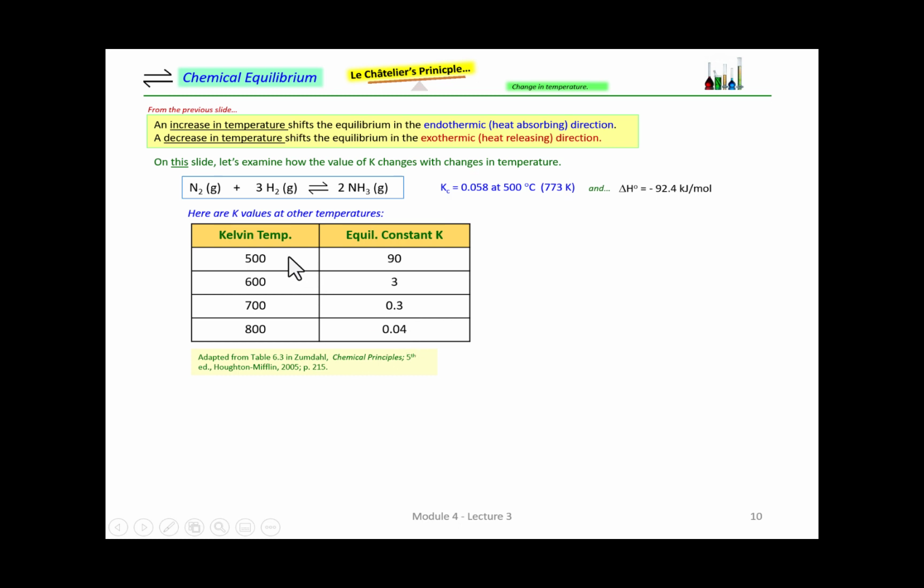We can see if this experimental data is consistent with the value of Kc we've been showing you. The value was 0.058 at 500 degrees C, which is 773 K. And you can see between 700 and 800 would be 773 K, and 0.058 is between 0.3 and 0.04. So this value we've been quoting here is consistent with this data.